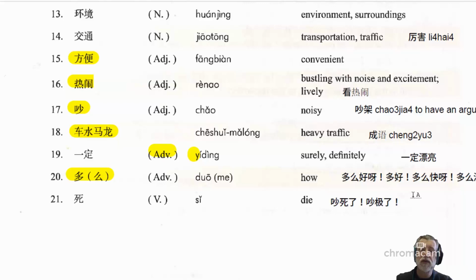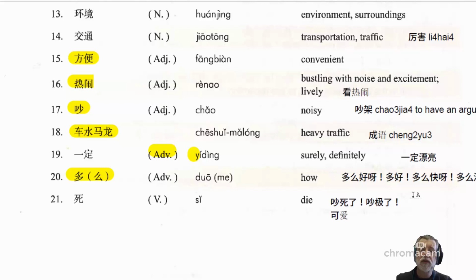So with a word like 吵, I'm sure you're not surprised that you can use 死. But there are other expressions where you can use 死 to express extreme degree, which might surprise you because they're not inherently negative words or words with negative connotations. So we learned the expression 可爱, meaning cute.